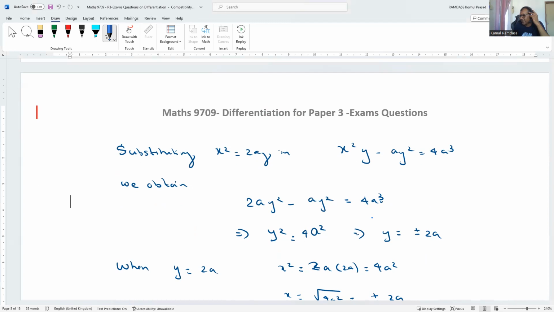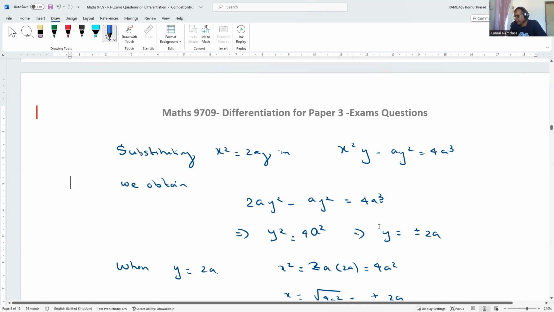2ay squared minus ay squared, ça veut dire que je gagne ay squared is equal to 4a cubed, et je suis capable de couper a. Ça veut dire y squared is equal to 4a squared, et y is equal to plus ou minus 2a.